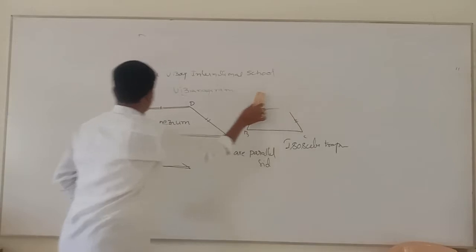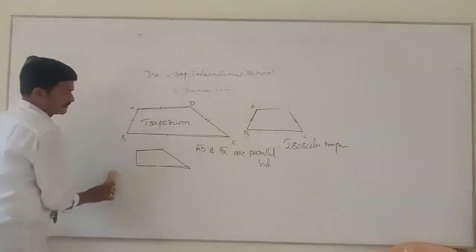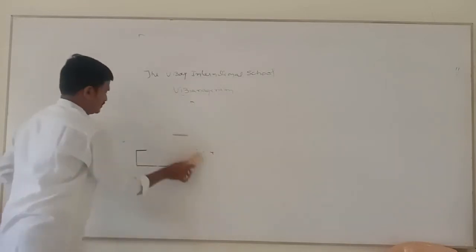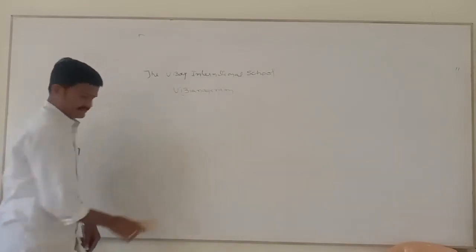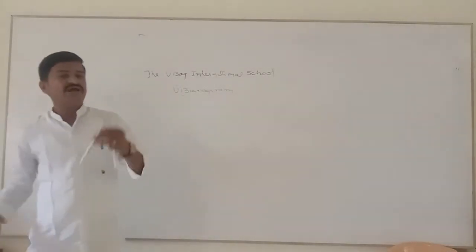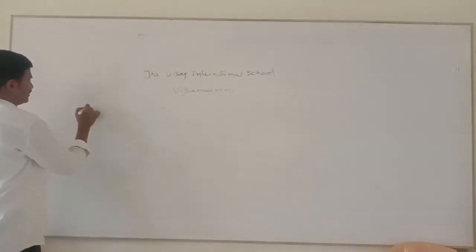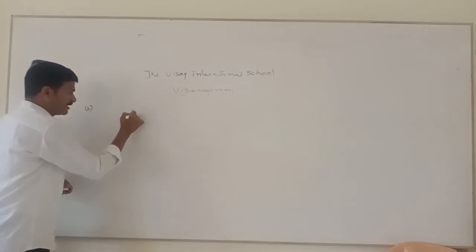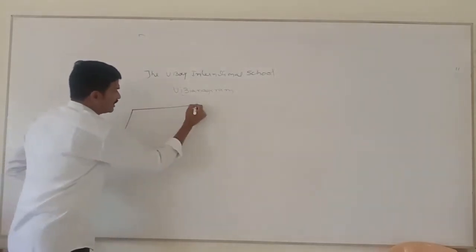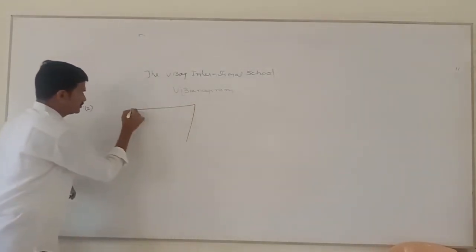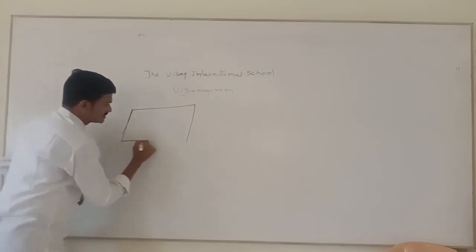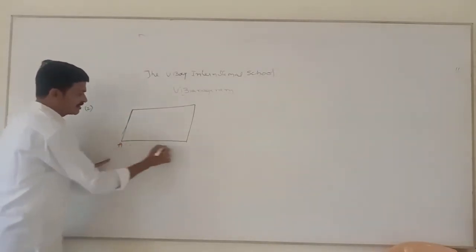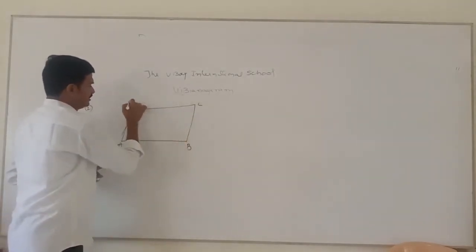Now coming to the next one, the second one. Suppose both pairs of opposite sides are parallel. See, here this is the quadrilateral ABCD.